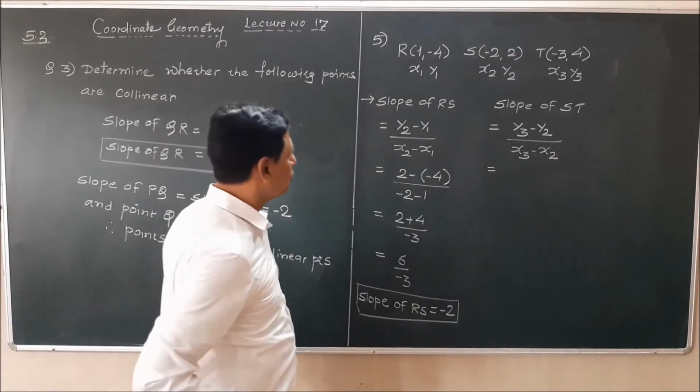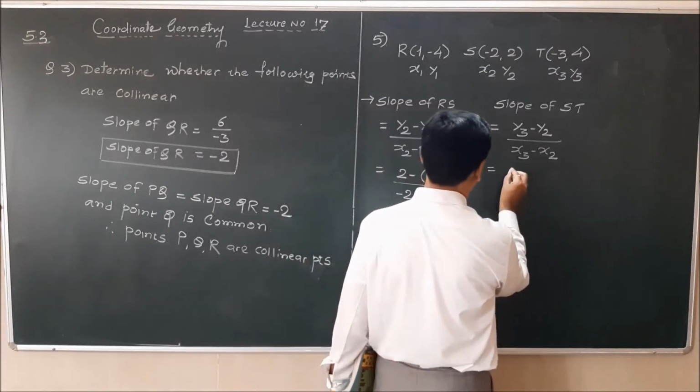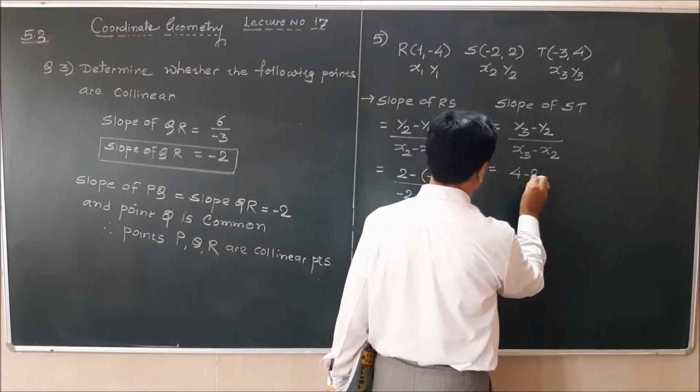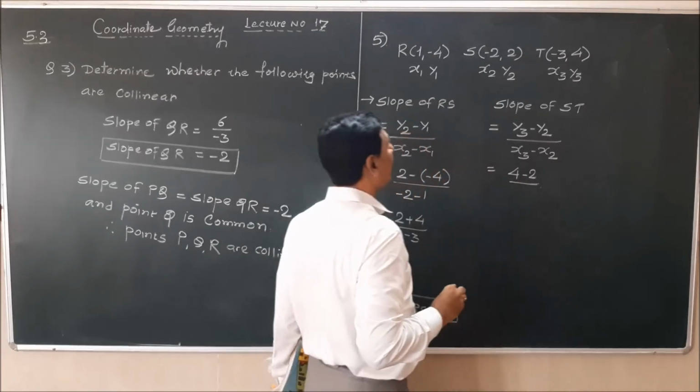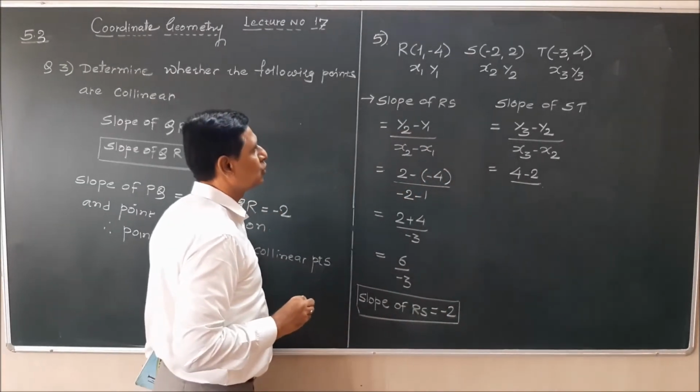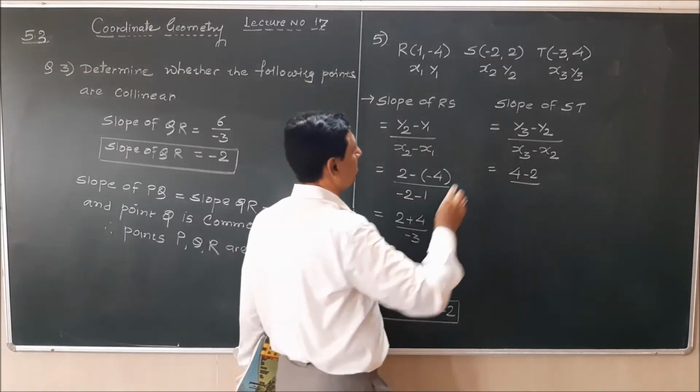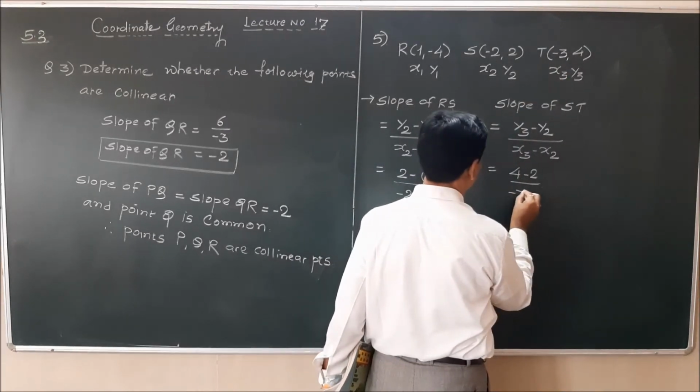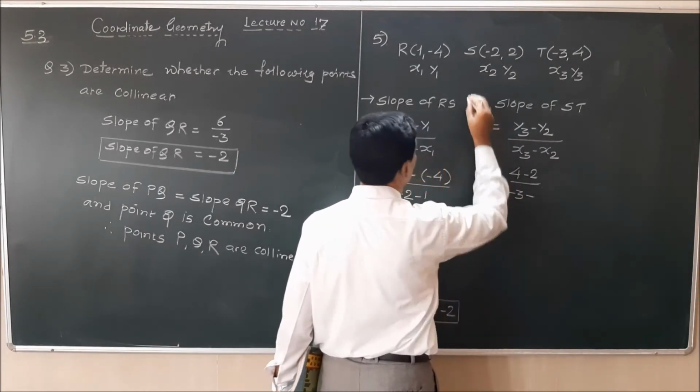So 4 minus 2 upon x3 minus x2, minus 3 minus of minus 2.